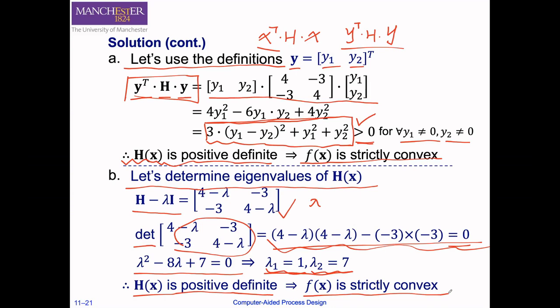You can compare these two methods, and then you will see using eigenvalues to determine the status of the Hessian matrix is more convenient. This is why we usually use the eigenvalues to determine if a Hessian matrix is positive definite, positive semi-definite, negative semi-definite, negative definite, and indefinite.